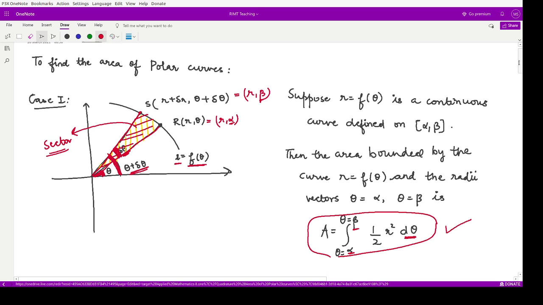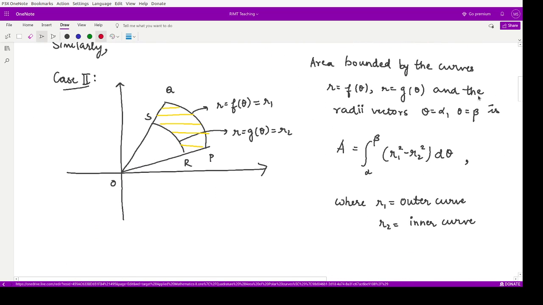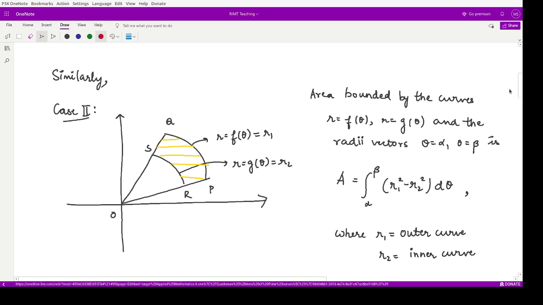Another category is if you are to calculate the area for this particular segment, that means this ring kind of structure. So for this we have two curves. One curve is this r1, which is given to be some function of theta, let us call it f of theta. And for this inner curve, its equation is r2 equal to some other function of theta, let us call it g of theta.